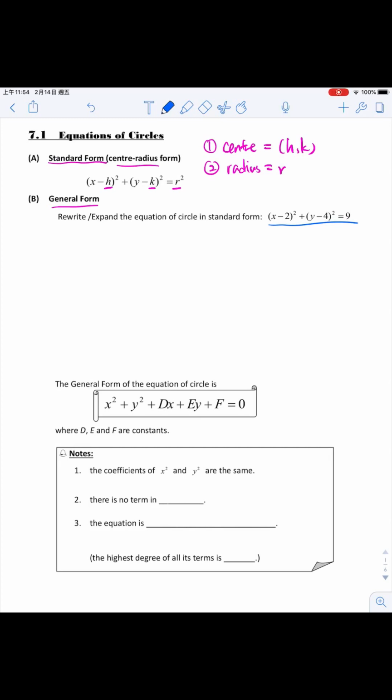Let's take this equation in standard form as an example. Here, for these equations in standard form, we try to expand by using identities.